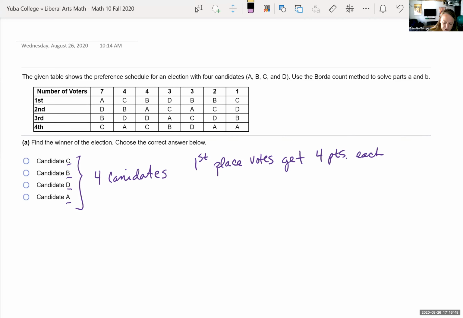The second place votes get 1 less than how many candidates there are, so they're going to get 3 points each.